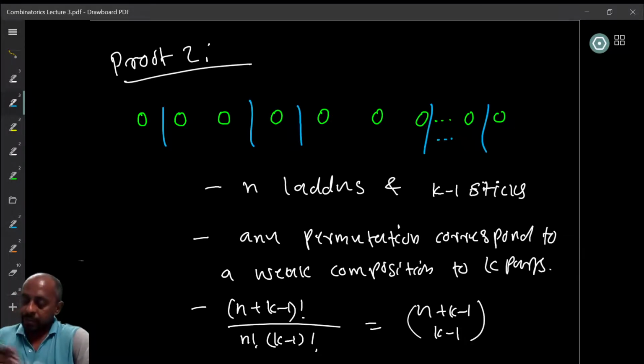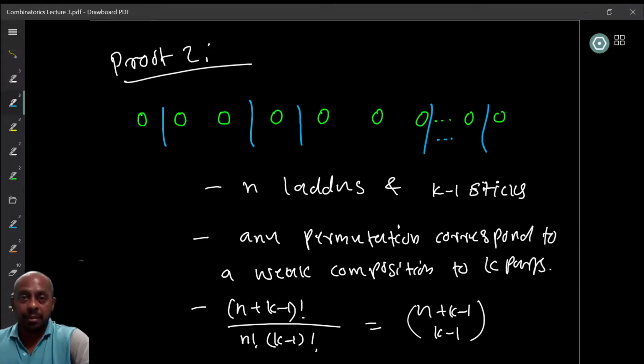So therefore we have n laddus and k minus 1 sticks. So n plus k minus 1 total objects are there, out of which n of them are of one type and k minus 1 of them are of a different type. So therefore n plus k minus 1 factorial divided by n factorial into k minus 1 factorial, which is precisely n plus k minus 1 choose k minus 1, or n plus k minus 1 choose n, whichever you want, right?